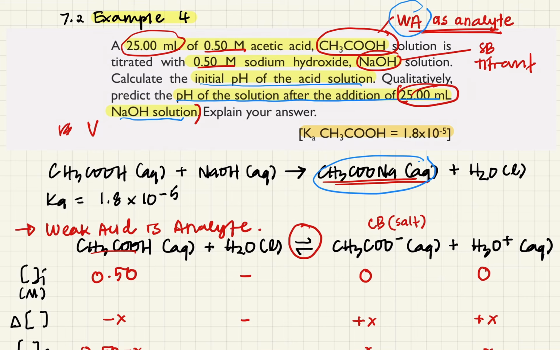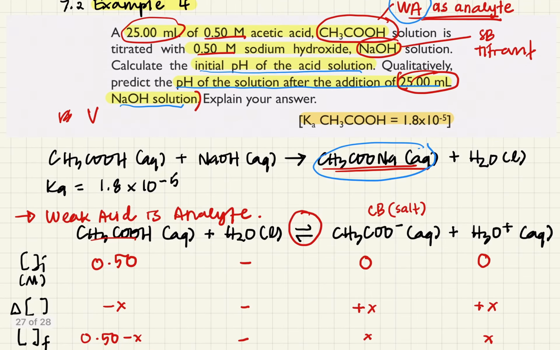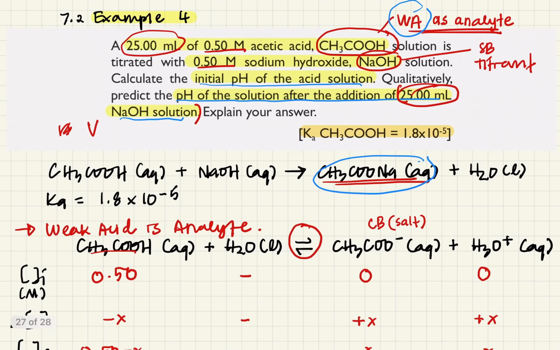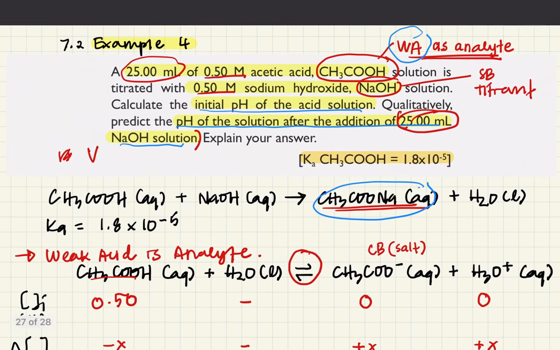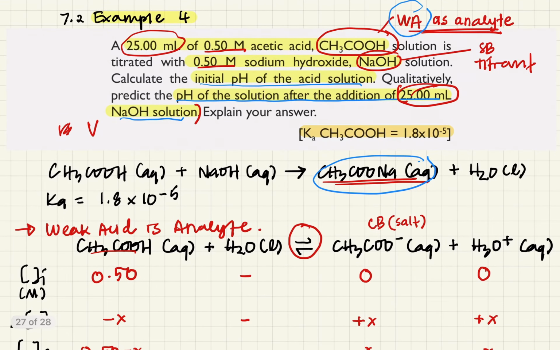Okay, so itu actually your equivalence point lah. So at equivalence point for your buffer solution ni, your basic buffer solution, you will get a basic salt solution. So for this type of titration, weak acid dengan strong base, you will get a basic salt solution.